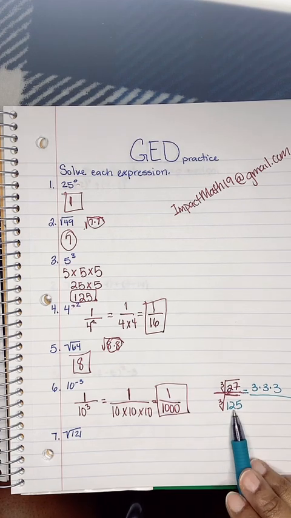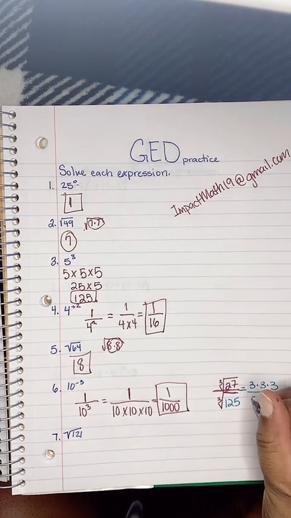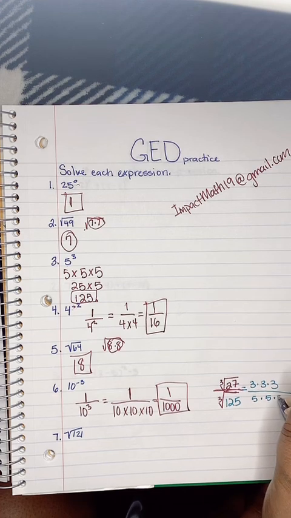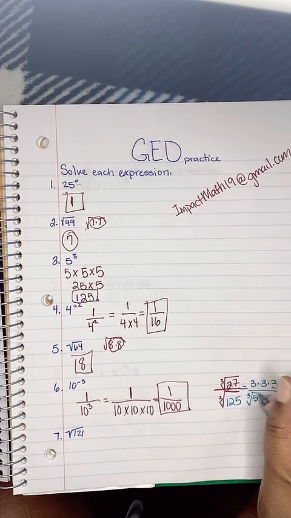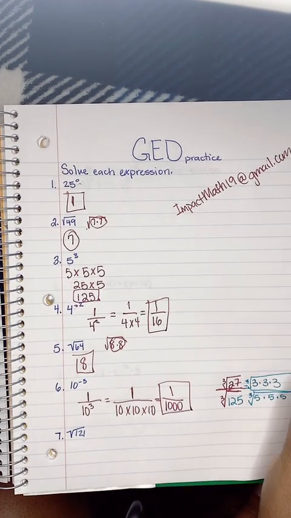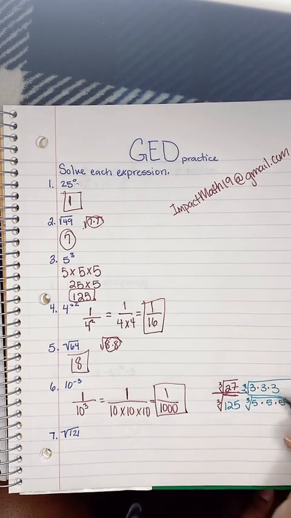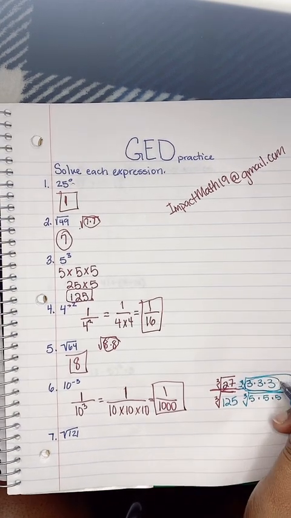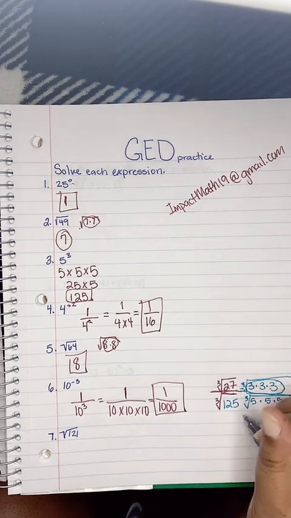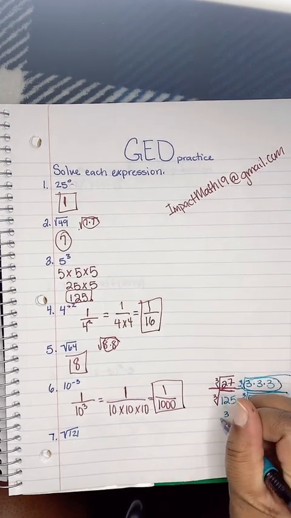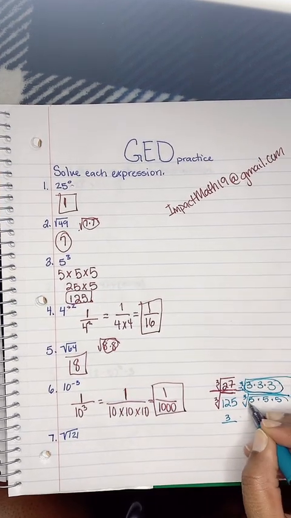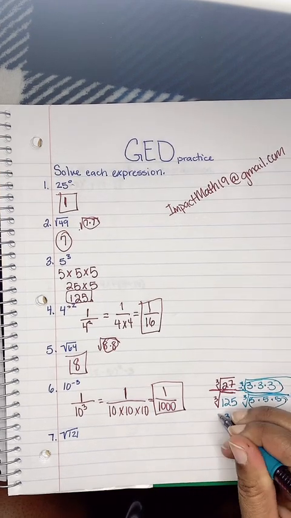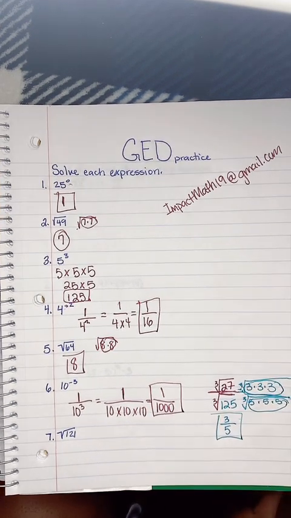Now the bottom, 125, is going to be 5 times 5 times 5. So if we're taking a cube root, what this is telling us is I'm looking for a group of 3 to come out. So I'm going to get 3 over, here goes another group, 5. And so we have 3/5 as our answer.